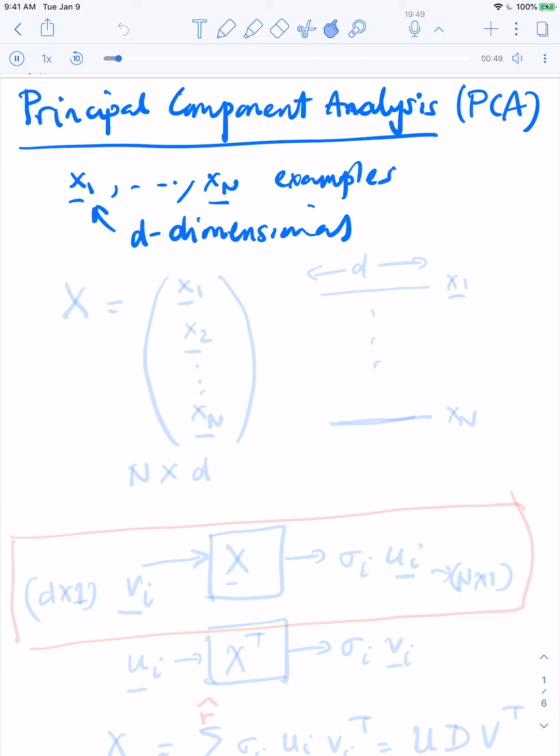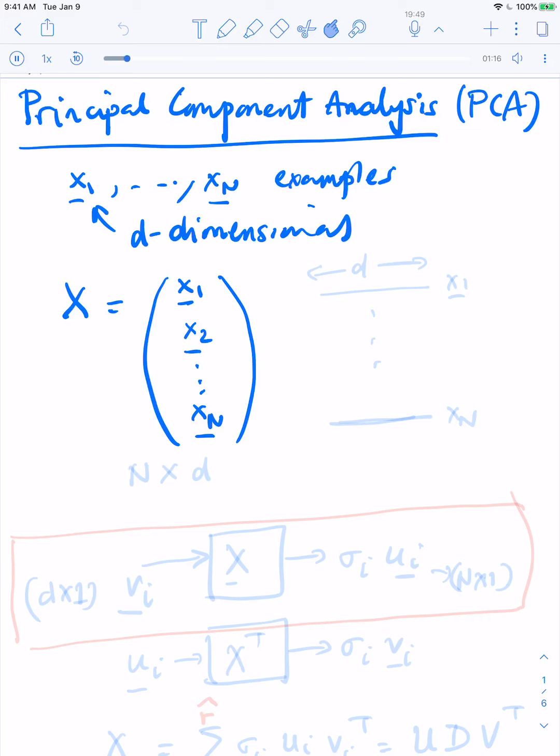Now, the classic way of writing such data down is to write the examples as rows of the data matrix. So the data matrix is written as x1 in row 1, x2 in row 2, etc. This is not quite consistent with what we have always done, but this is the way it's always done in this context, so I'm going to stick with this notation.